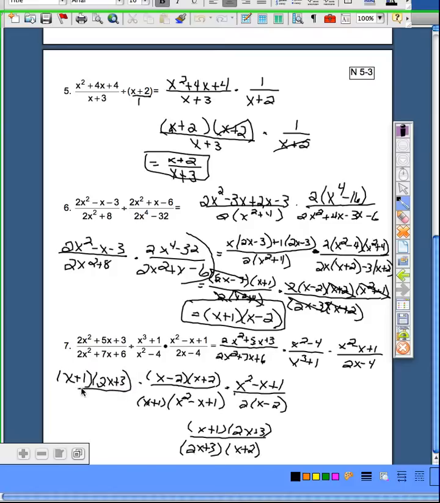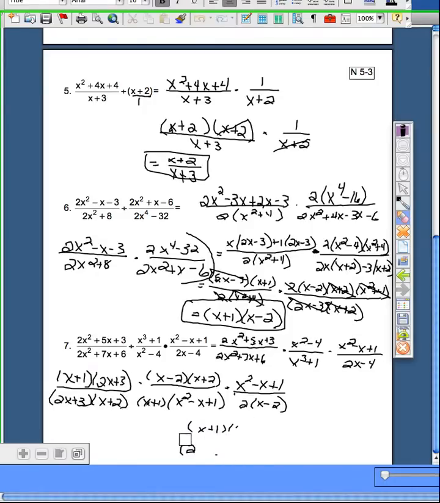Okay, and that gives me 2x plus 3 times x plus 2. Okay, and then I'm going to erase this because I just rewrote that, and that gives me room now to write my answer.